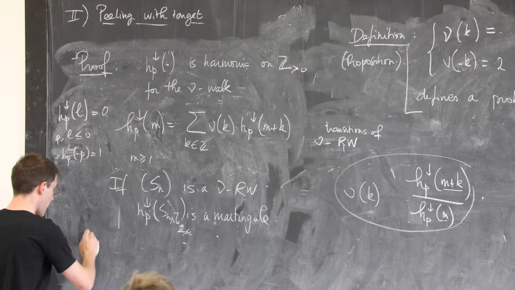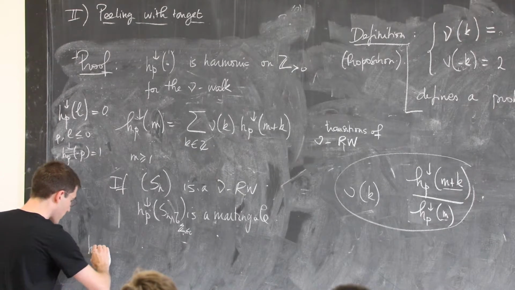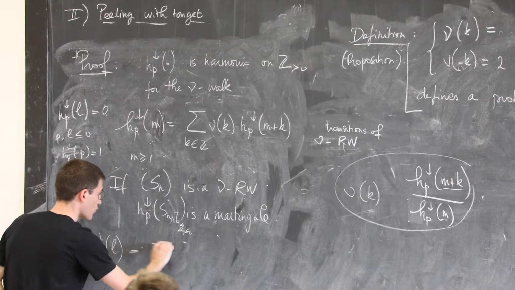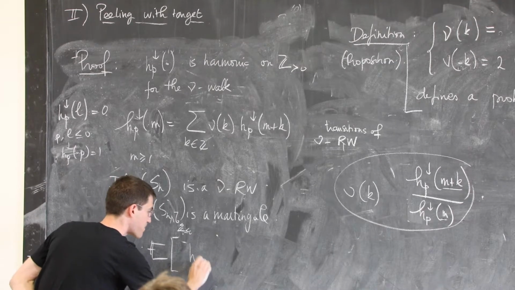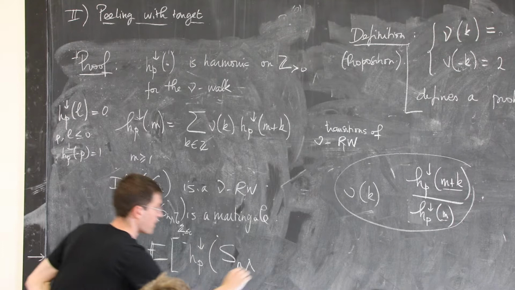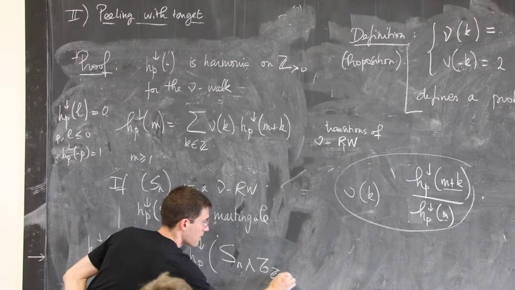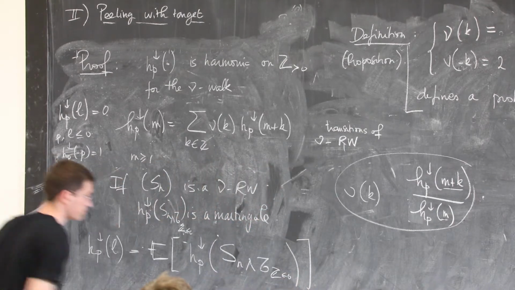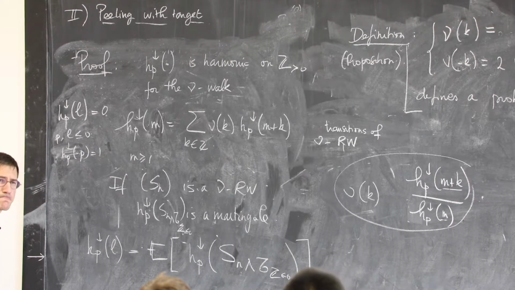Okay, so you write the optional stopping theorem, which tells you that HP of L is equal to the expectation of your martingale at any time, so HP down arrow of S of n inf tau z. Okay? And now you want to let n go to infinity.